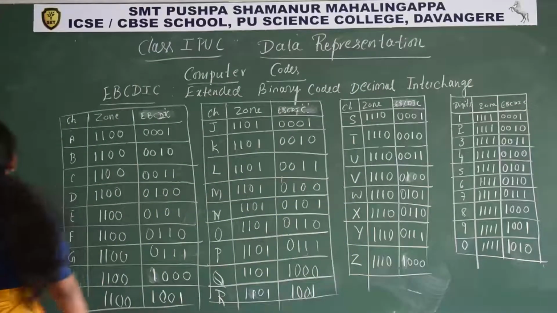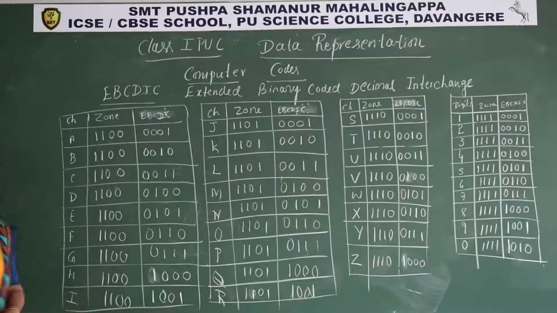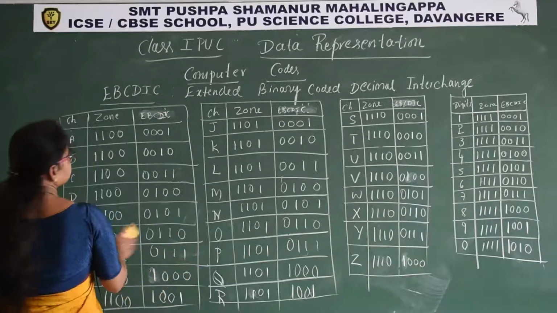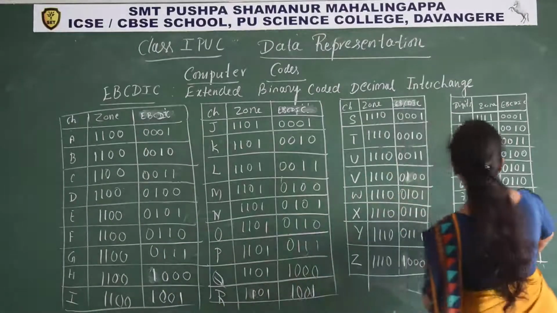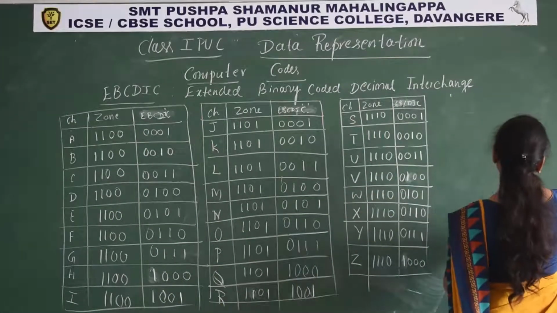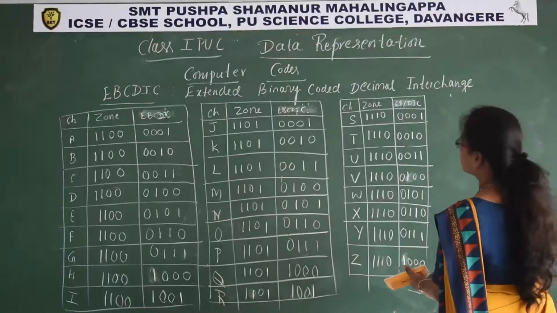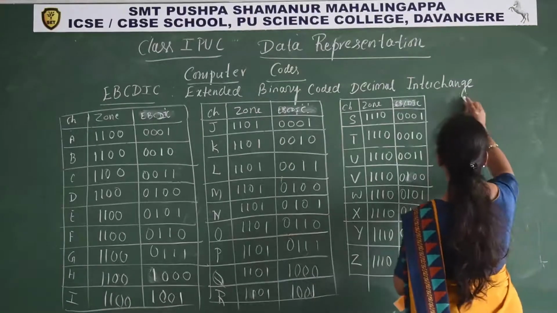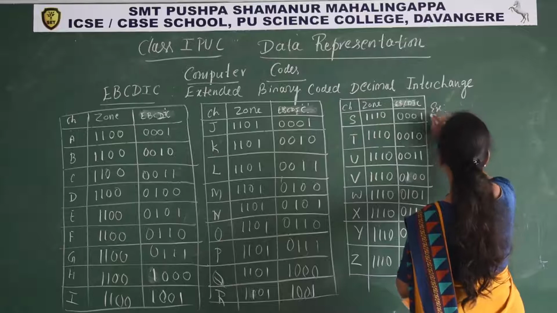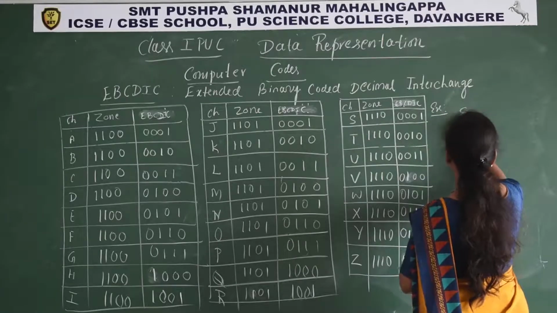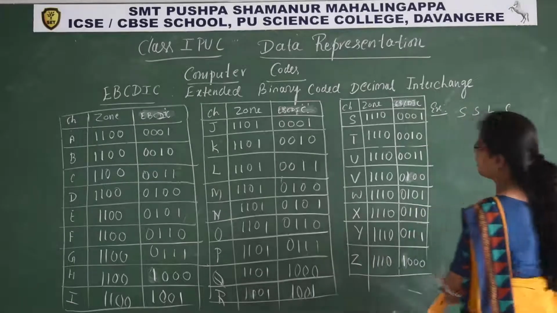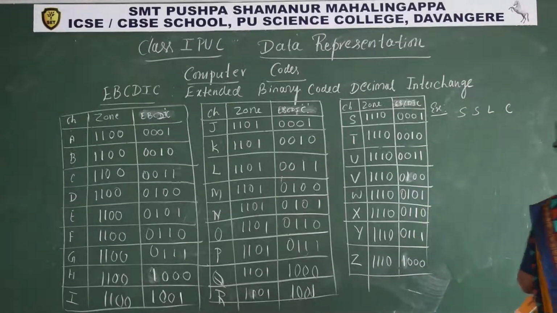Now let us consider an example. SSLC. How to write in extended binary coded decimal interchange?